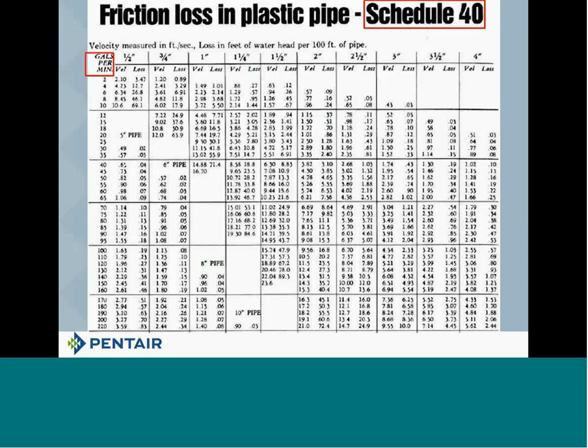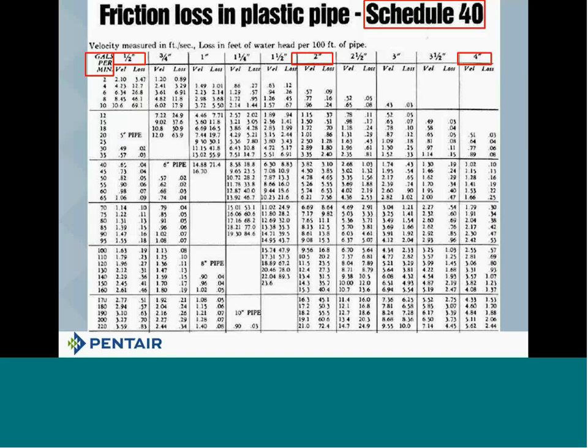And of course, if you look over on the left-hand side of the page, it says gallons per minute. It starts at 2 and goes all the way down to 600, all right? Then it goes across the top, 1/2 inch, 3/4 inch, 1 inch, 1 1/4, 2, 2 1/2, 3, 3 1/2, and 4, all right? Now, I've highlighted the 2 and the 4 for a reason, because those are the ones we're going to use.